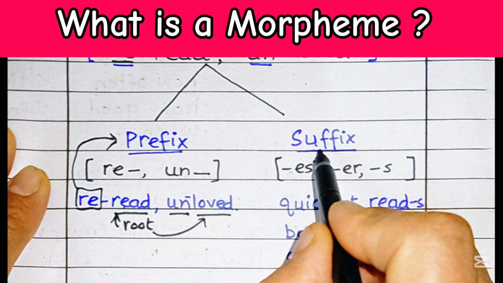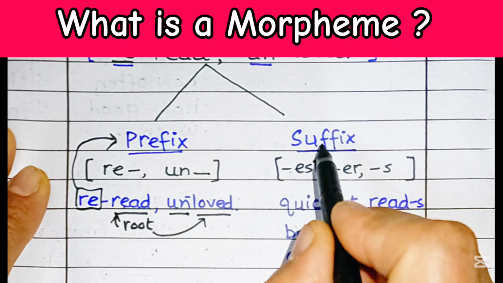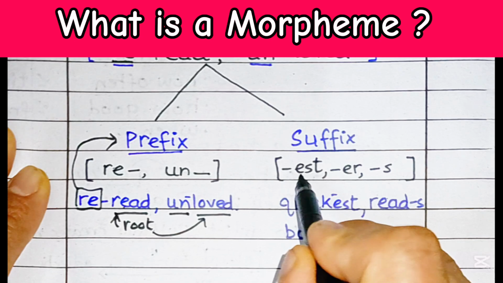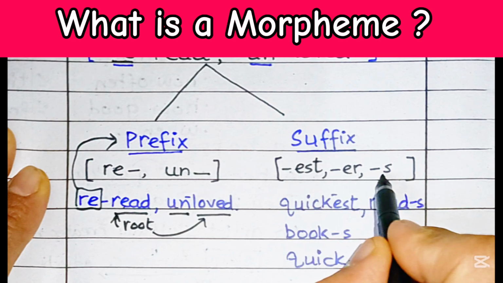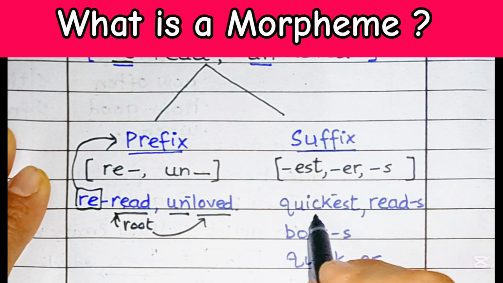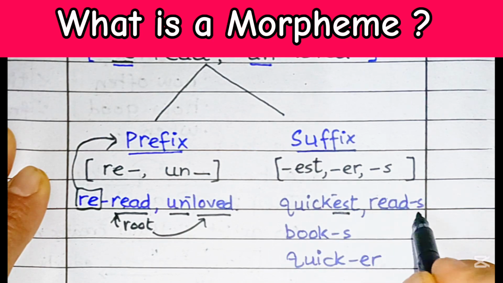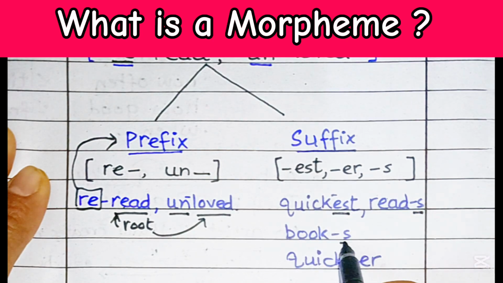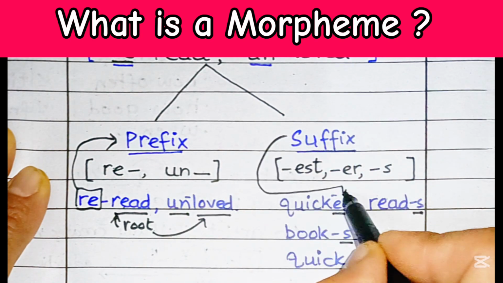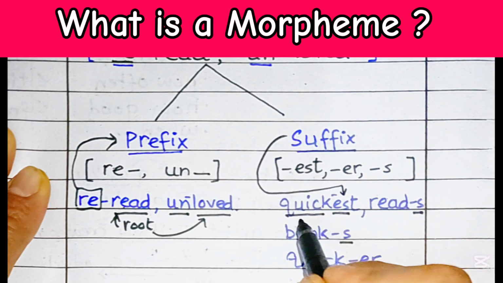Whereas a suffix, what is a suffix then? A suffix is an affix that goes after a root. Examples are est, er, and s added to the end of a word: quickest, reads, books, and quicker. These are being added to the root.